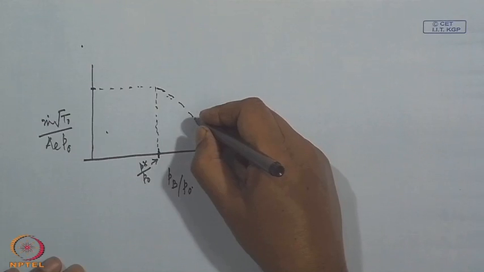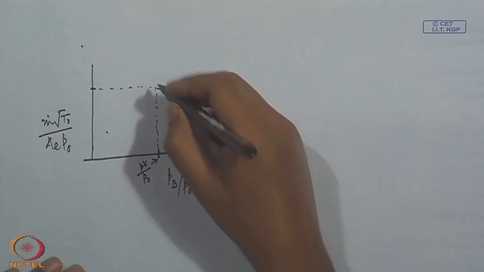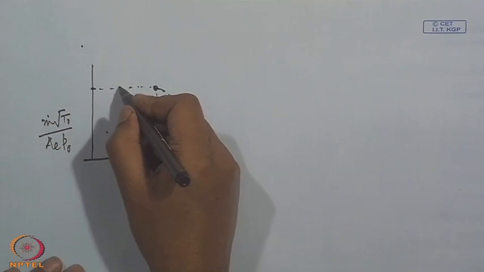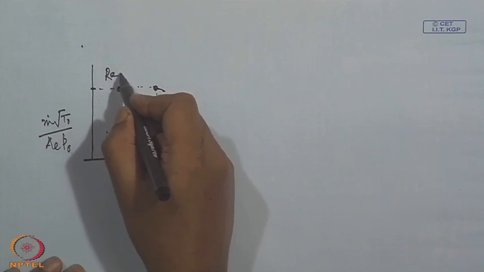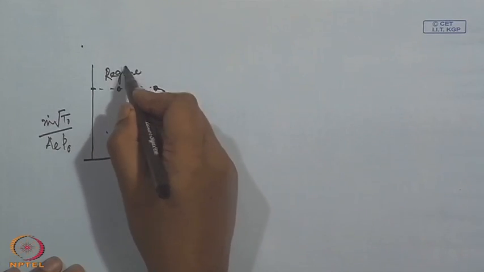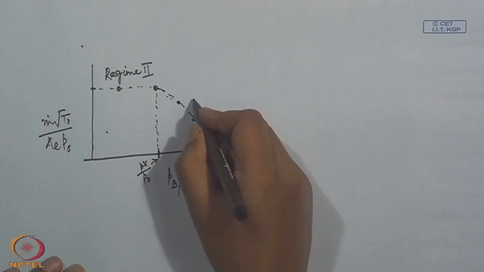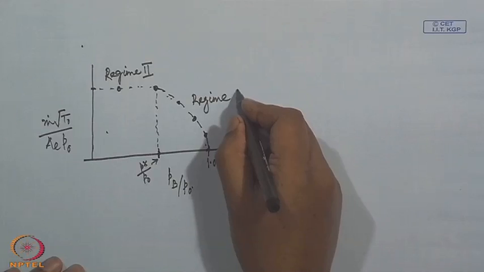So, these correspond to those different curves that we have shown there. So, this is what we call regime 2, the choked flow region, and this is the unchoked region.